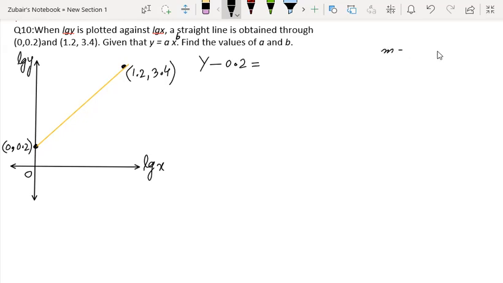M is equal to 3.4 minus 0.2 over 1.2 minus 0. So this will become 3.2 upon 1.2. So 3.2 divided by 1.2 will be equal to 8 upon 3.